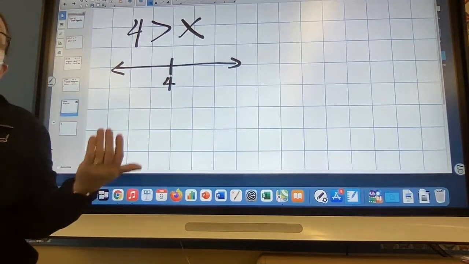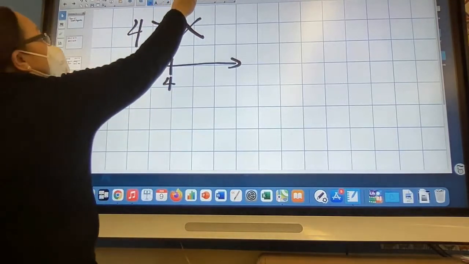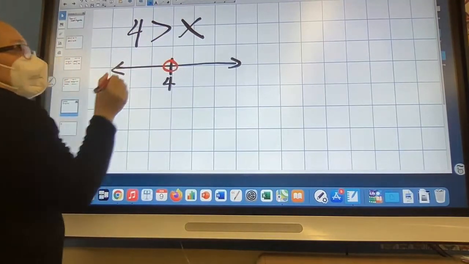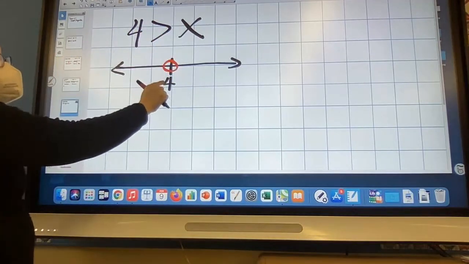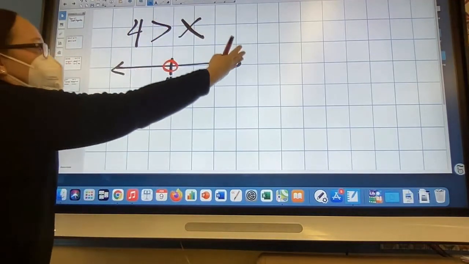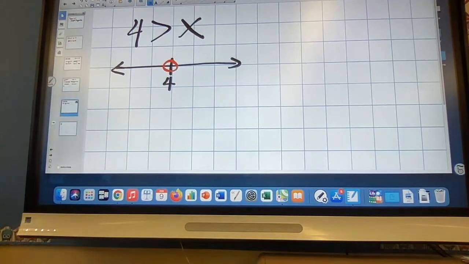So it means x should be less than 4. So with that said, it will be open and the x should be less than 4. So where's less than 4? To the right or to the left? To the right?